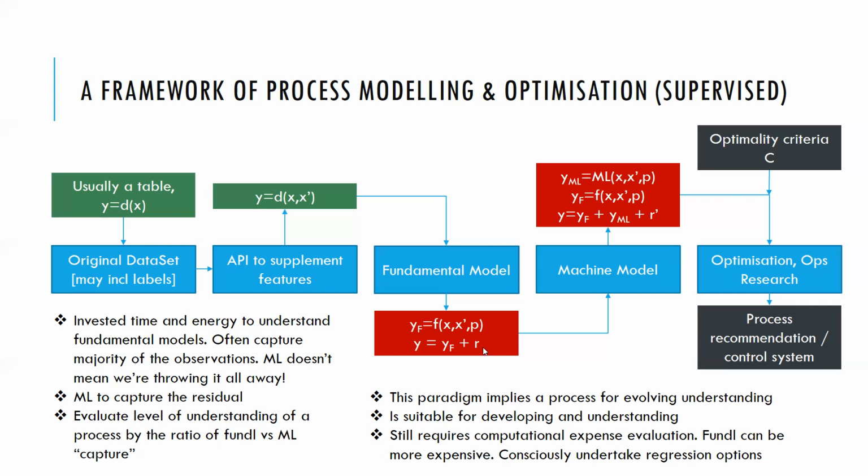So that's the residual. And in this framework, I'm suggesting that the machine model is what we use to correlate the residual. To me, that is the best way to position your machine model. It helps you account for the residual that your fundamental model cannot account for. By adding together your machine learning model and your fundamental model, you have hopefully a reduced error.